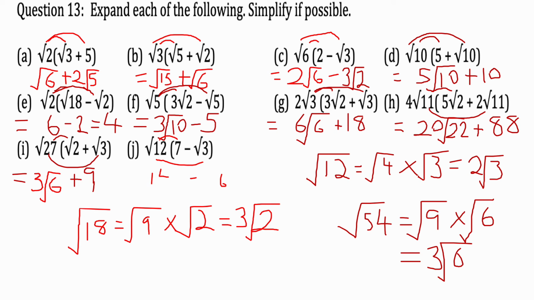Because I have 7 lots of root 12, and root 12 simplifies to 2 root 3. So if I reintroduce that 7 at the beginning, it becomes 7 lots of 2 root 3, which goes to 14 root 3. Okay, minus 6.